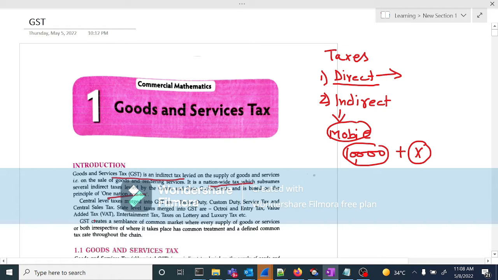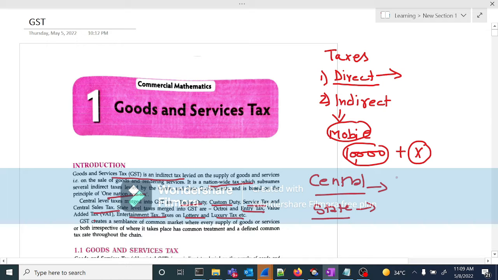So prior to GST, we had lot of central taxes. If I name few of those: excise duty, custom duty, service taxes, central sales taxes. Same way, we had state taxes. In state taxes also we had entry tax, VAT, entertainment tax, lottery tax. So lot of taxes were there in central and state.